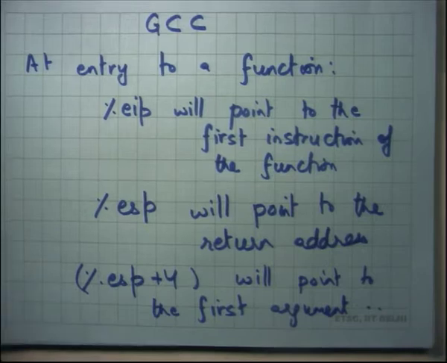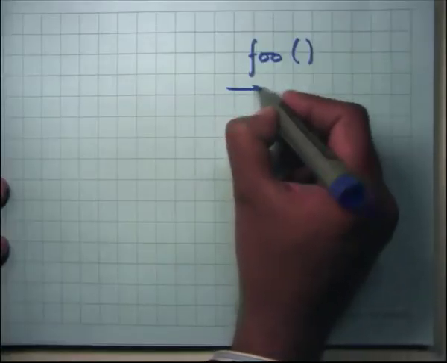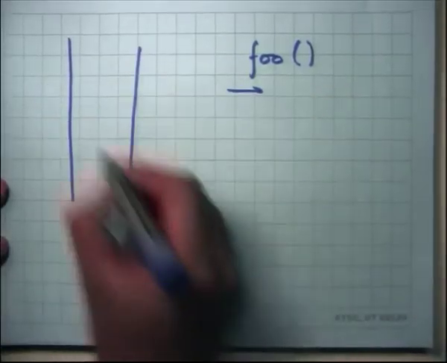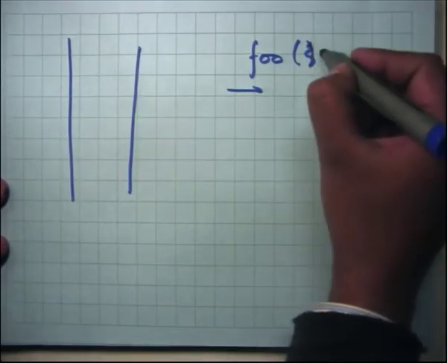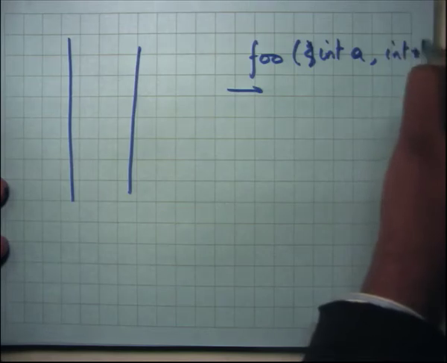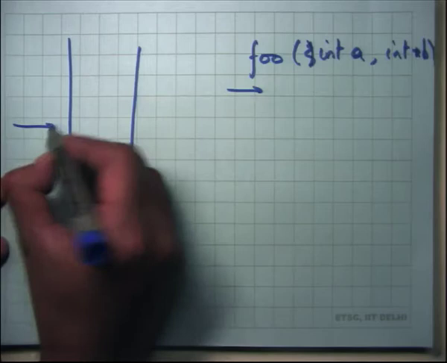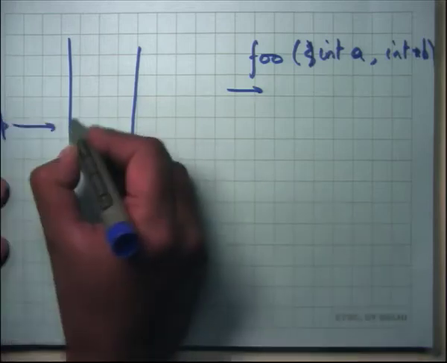In other words, if there is a function foo and I make a call to foo, and let's say foo takes 2 arguments, int a and int star b, then at entry to the function, ESP should point somewhere in the address space.